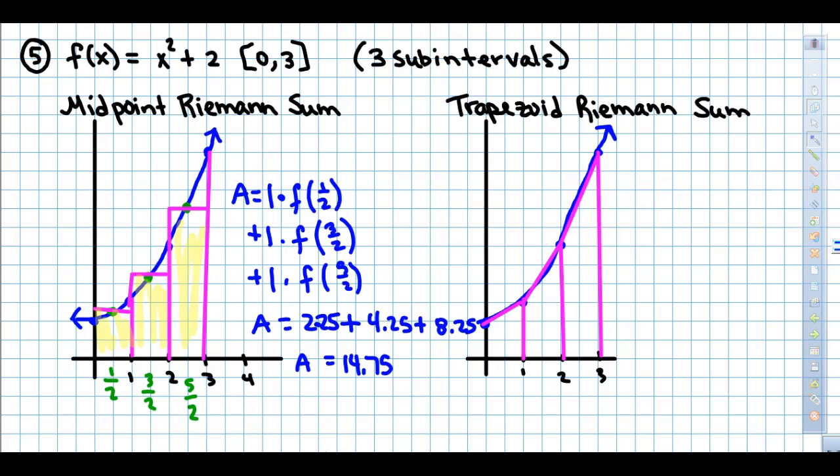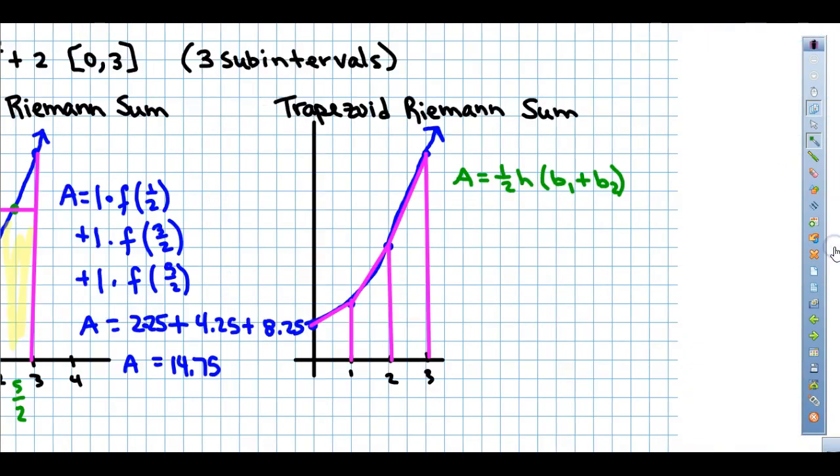Now, be careful with this. The area of your trapezoid is 1/2 height times base 1 plus base 2. So, rotate your trapezoid around, and it kind of looks like that. That's how you're used to seeing it.